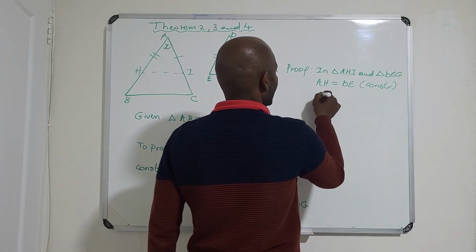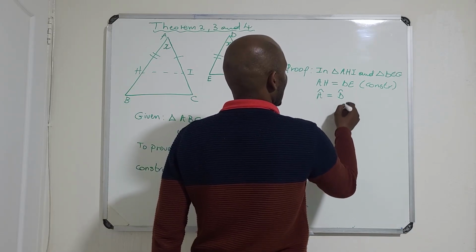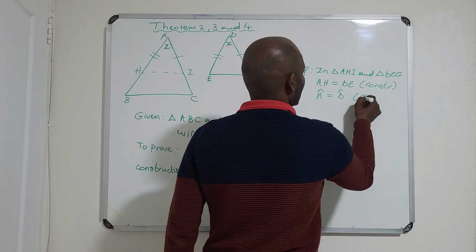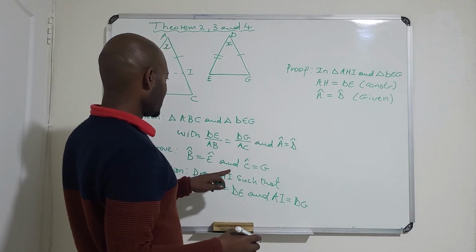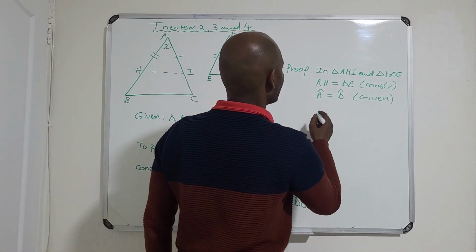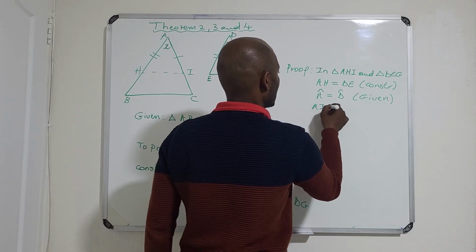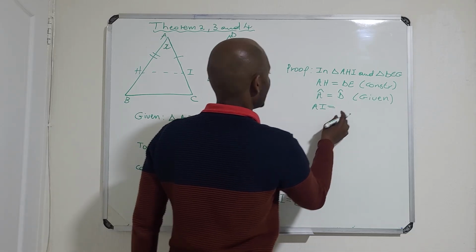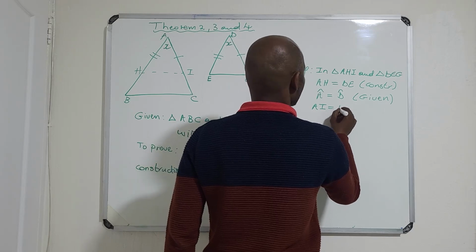Also, angle A is equal to angle D. We were given that, obviously, we were given that here. Now, AI is equal to DG.